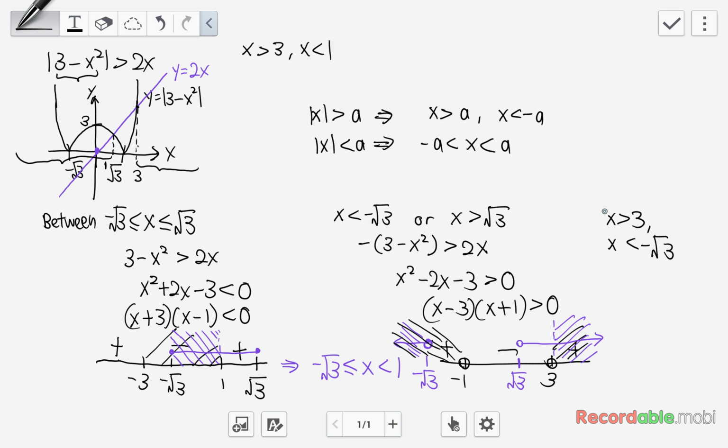So if we combine with our earlier inequality here, what do we get? The first inequality tells us that x should be greater than or equal to minus root 3 and smaller than 1. The second inequality tells us that x should be greater than 3 and also smaller than minus root 3.